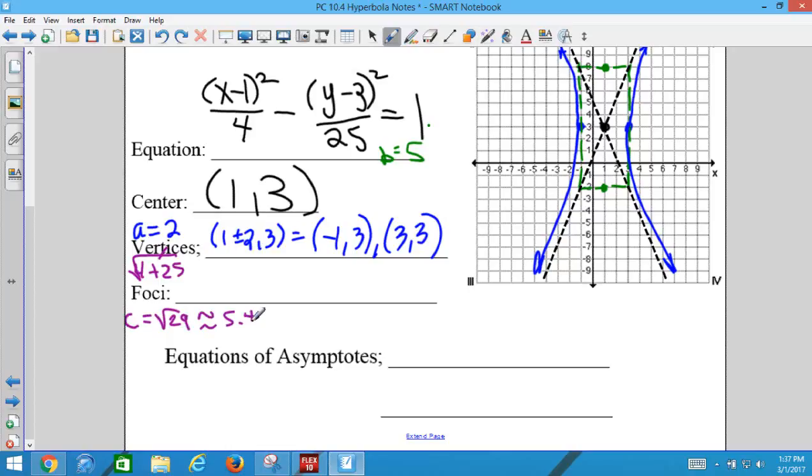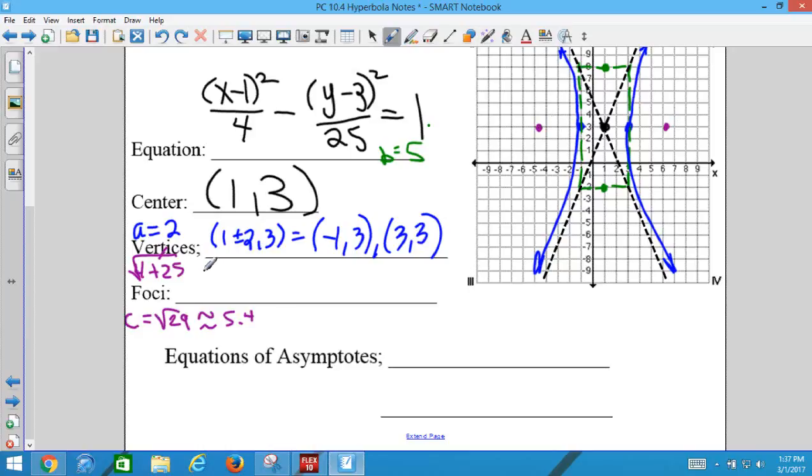So that means I'm going to go up and down 5.4 from the center. No, I'm not up and down. Left and right, I'm sorry. Left and right, 5.4 from the center. 1, 2, 3, 4, 5.4.